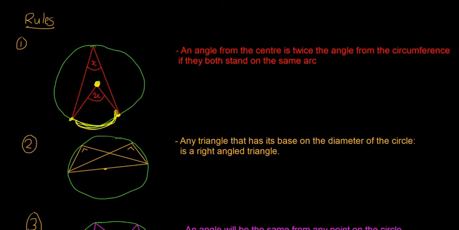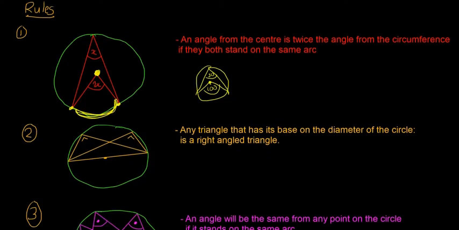That's the same no matter where it is. Say for example, if I draw a circle here, and this angle here is 50, that means this angle here is 100, given that that's the center point. Okay, so that's the first rule, and that's really helpful.